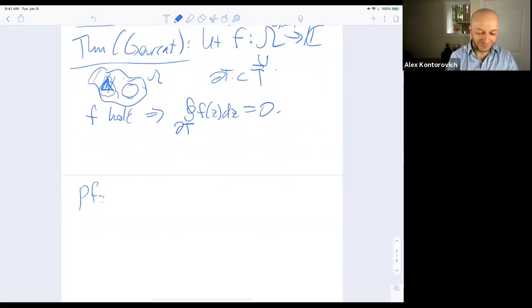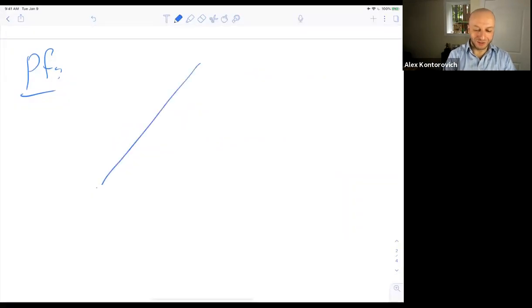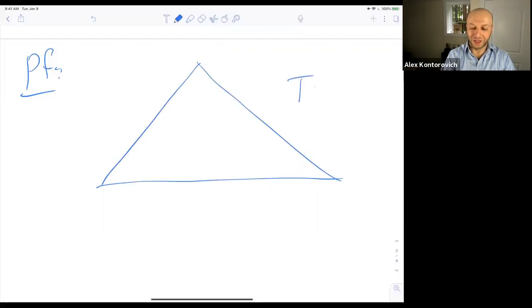Proof. So here's what I want to see. I want to see a big triangle. Here's T, whatever it is. Doesn't have to be equilateral or nice or something. I'm going to say that T is T0. And what I'm going to do is subdivide, just take all the midpoints, and you get these 4 similar triangles.